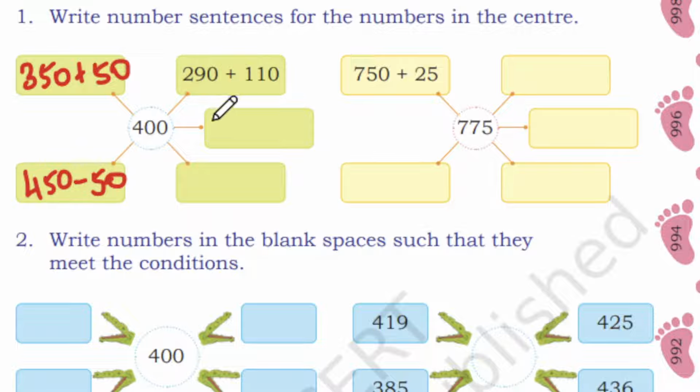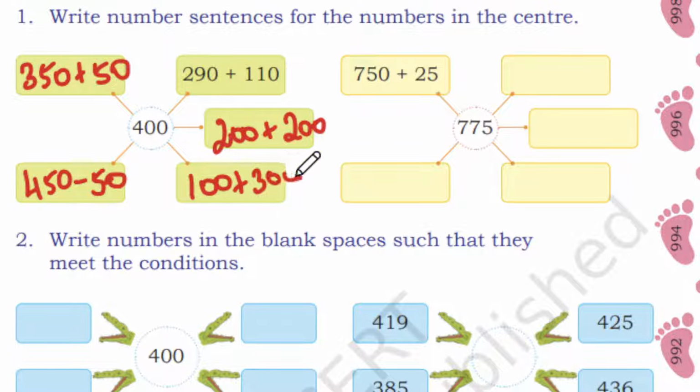And you can also write 200 plus 200. And 100 plus 300. Okay. So next we have 775. So 775 you can write 700 plus 75, and what else?